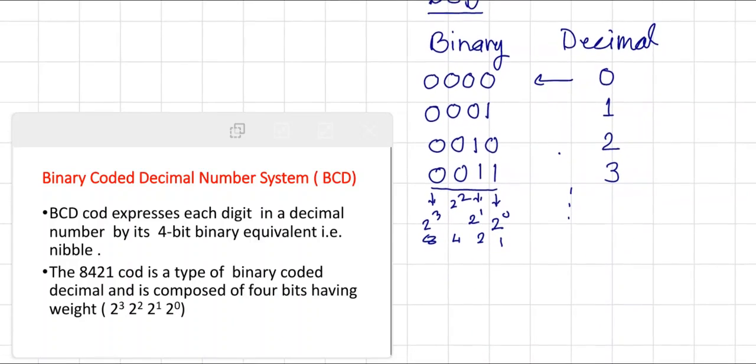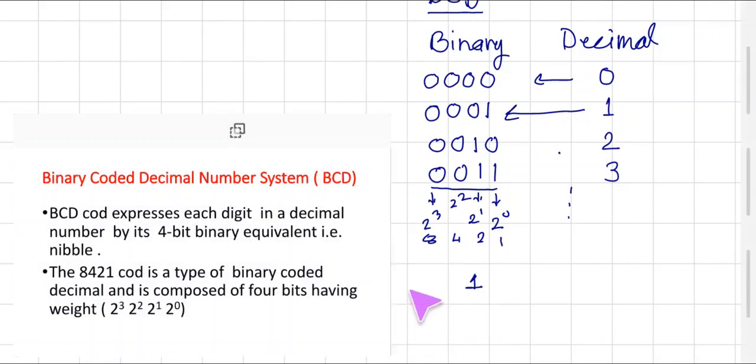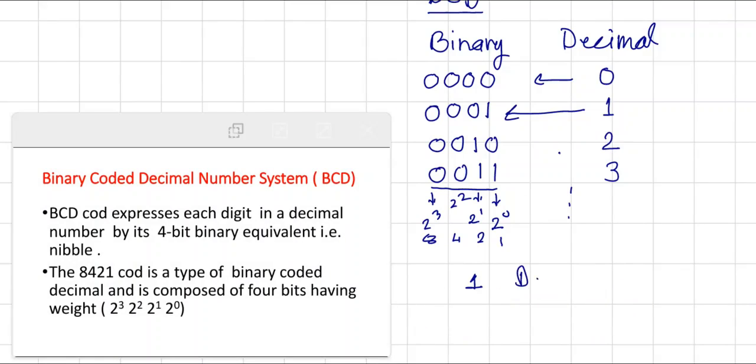So for example, suppose we have a decimal number 1. So in its binary coded decimal form, it can be represented by this number. This is decimal form, but if we write it in the form of BCD, then the same one can be written by the corresponding 4-digit binary number, that is 0, 0, 0, 1.